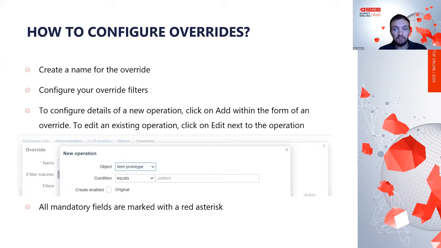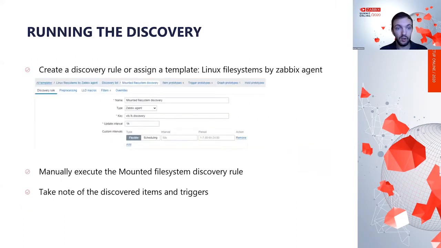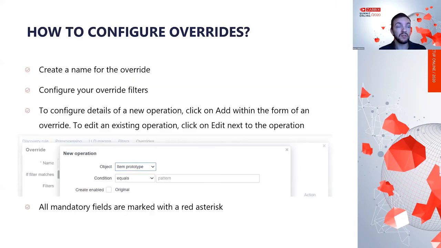The configuration process is very simple. You give the override a name, and you configure the override filters. So you set up the condition, a criteria, which defines what part of your low-level discovery entity is going to be affected. And then you specify the operation, which is also pretty straightforward.